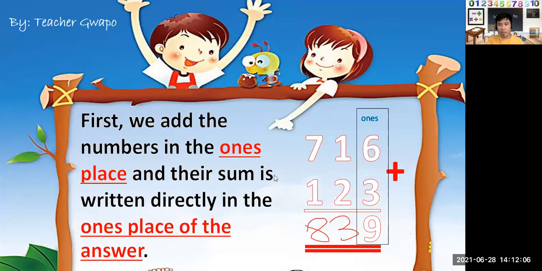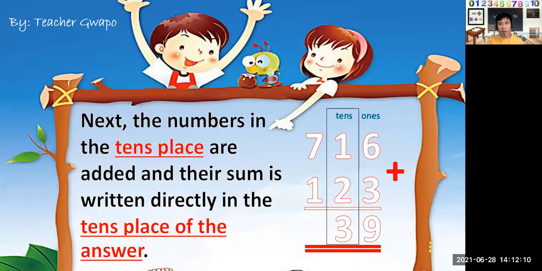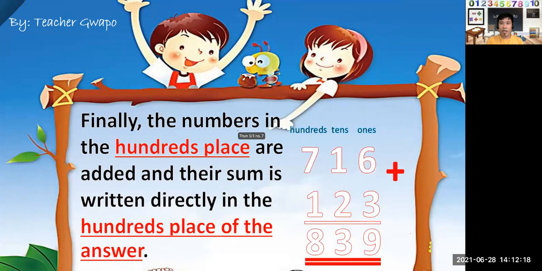And second one, we will add numbers in the tens place, right? First in ones place, second in tens place. So 1 plus 2 is 3. And next will be the hundreds place. 7 plus 1 is 8. It's very easy, right? It's very easy.